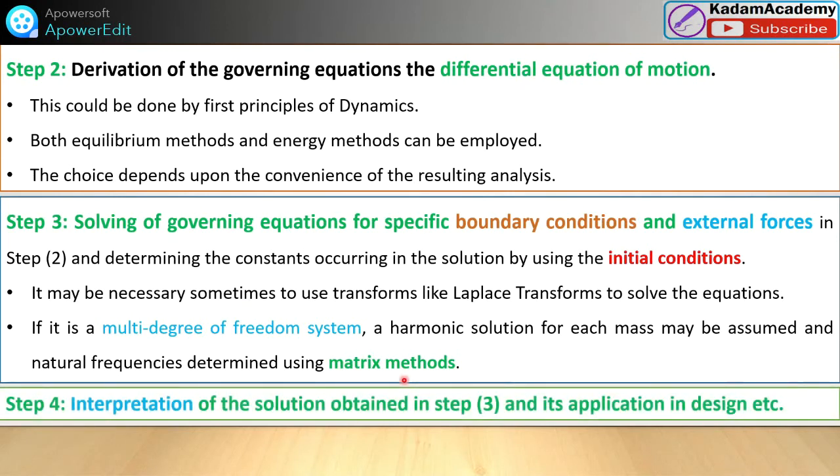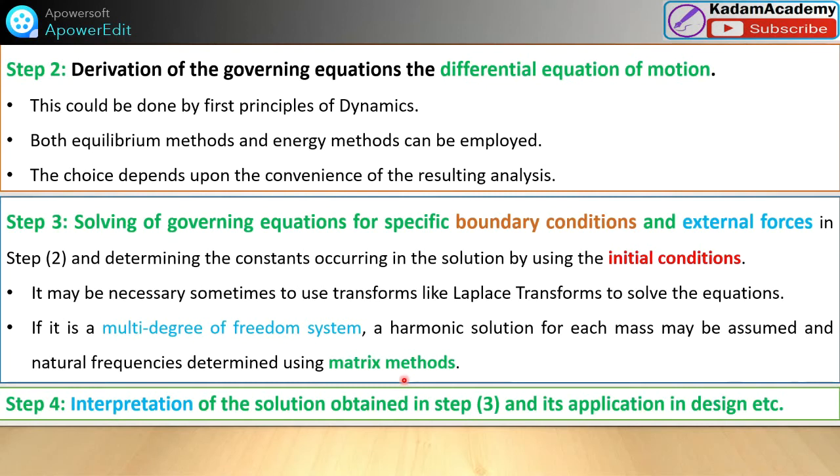Friends, the last step is the interpretation of the mathematical equation or results. After getting the solutions, these results obtained in step 3 are applied in design, as vibration is an applied science.